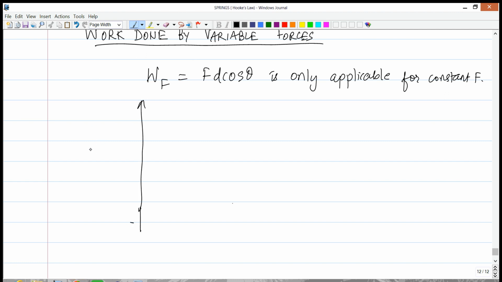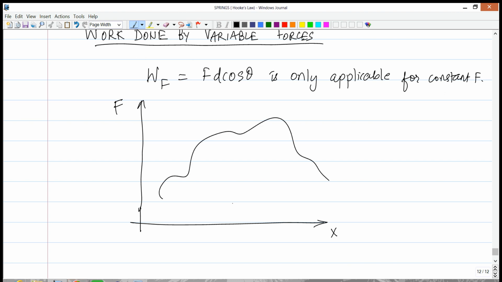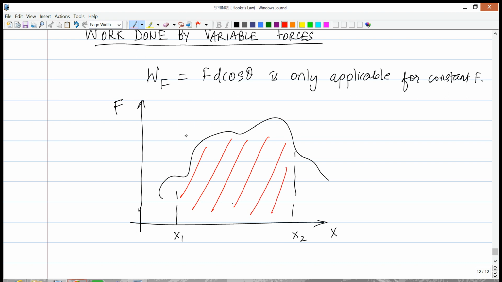So when the force is actually changing, if we have say a graph of force versus the position, if the force actually changes, then the work done by the force is simply given by the area. So if we find the work done between say points x1 and x2, then the method is very simple. Find the area under this curve and you can obtain the work done.